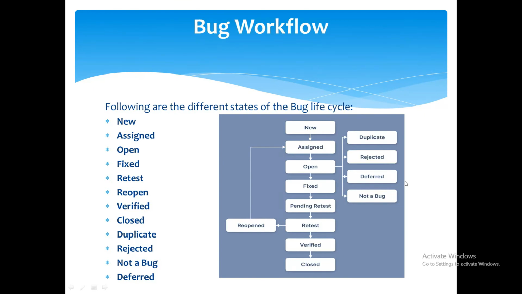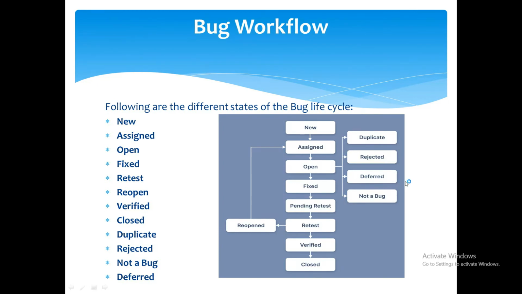Here the testing is pending on the tester and hence its state is pending retest. And retest: at this stage the tester retests the changed code which the developer has given to check whether the defect got fixed or not.